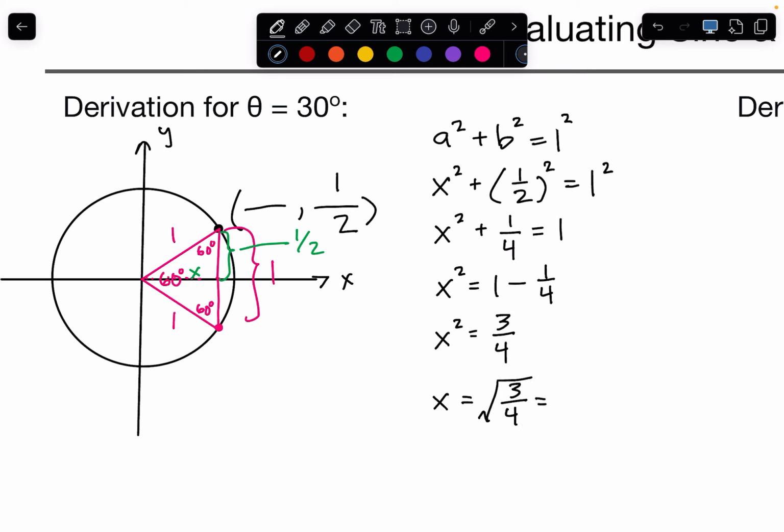What is the square root of the bottom? 2. Yeah. Square root of 3 over 2. The derivation at 60 degrees is the same idea, except the whole 60-degree triangle is now in quadrant 1. But you will end up with a similar idea, but now x and y are switched.